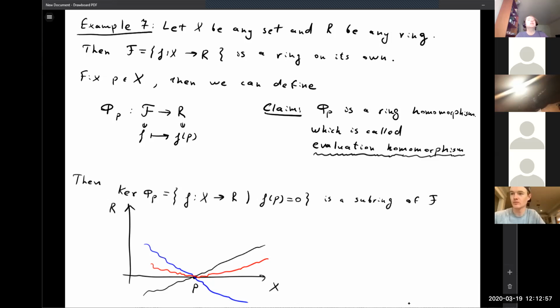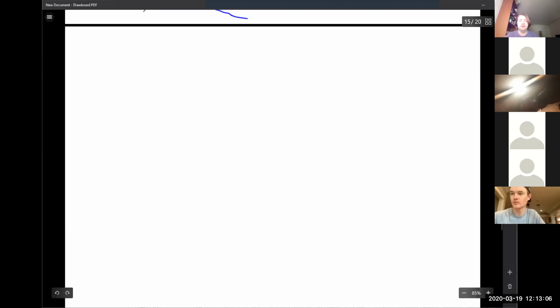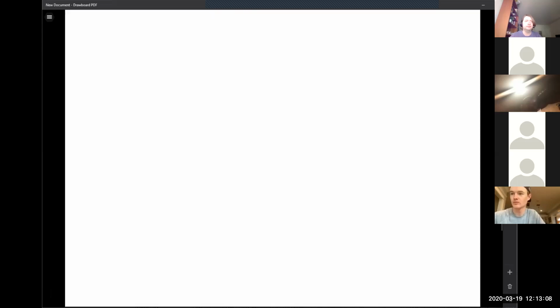Now, similarly to group theory, where we had the trivial group, with rings we will have the 0 ring. So example 8, 0 ring. As a set, it just contains a single element, which is its own additive inverse.